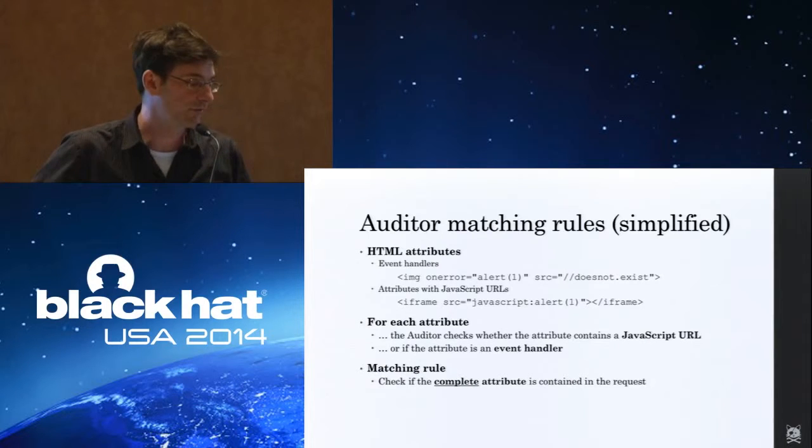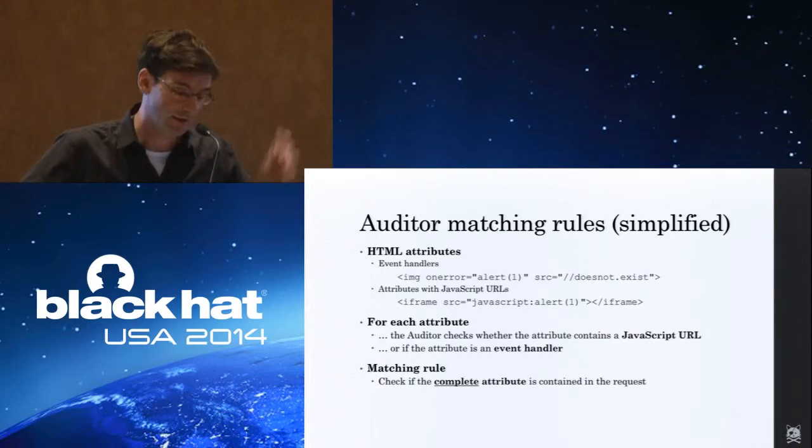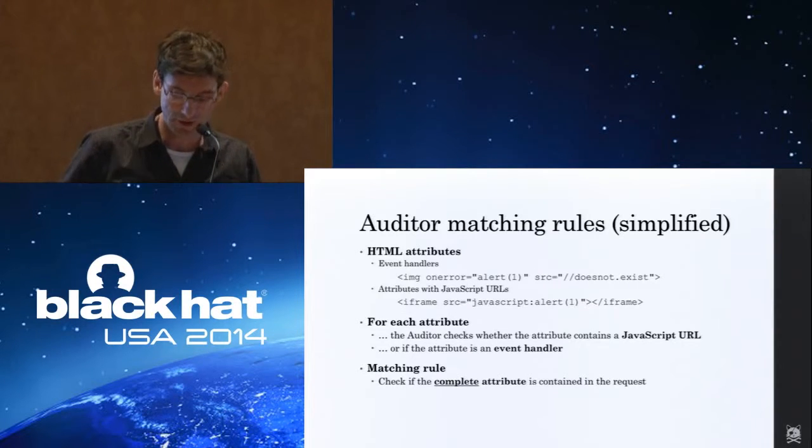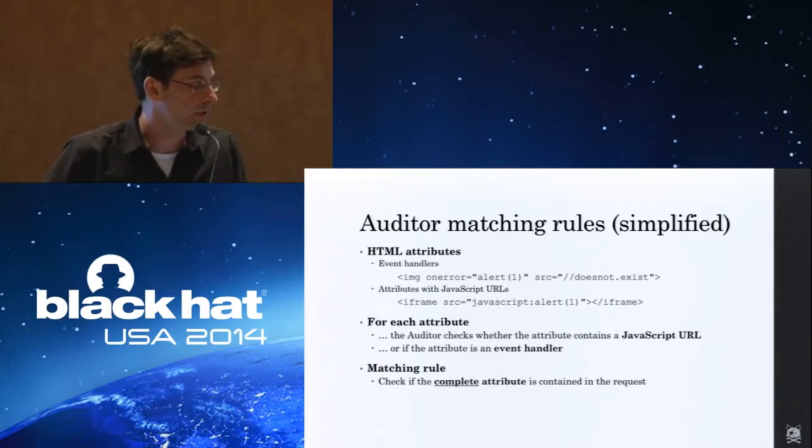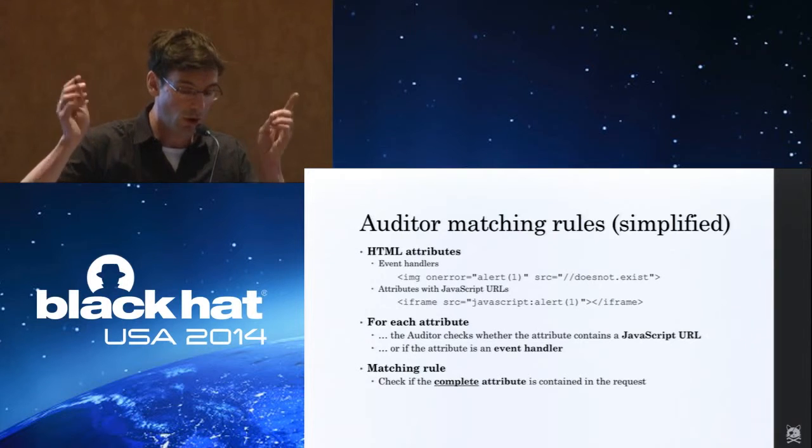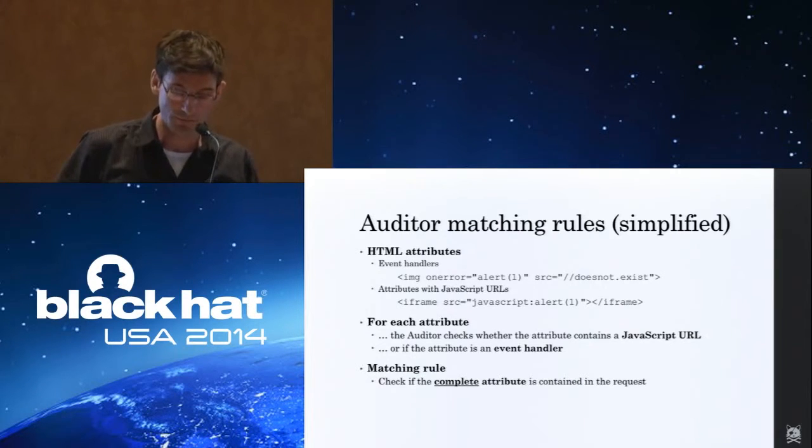With text, only the JavaScript code has to be contained in the request. For attributes, the attribute name, the equal sign, the quotes and stuff like that also have to be contained in the request. So if you have an onload alert 1, the auditor will match against the URL, in this case, also the string onload alert 1.